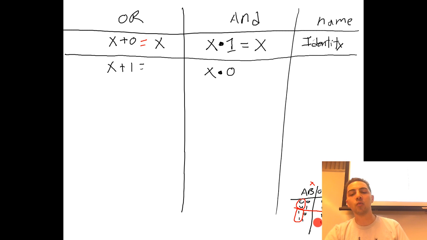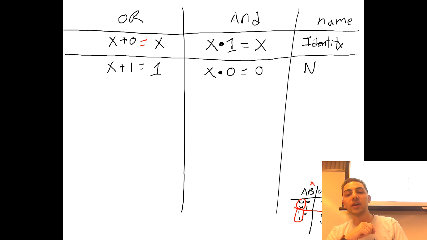If you put in a 1, you get out a 1. So it doesn't matter what you put in. If you OR something with a 1, you will always get a 1. And if you AND something with a 0, it doesn't matter what B is or what x is, you will always get a 0.